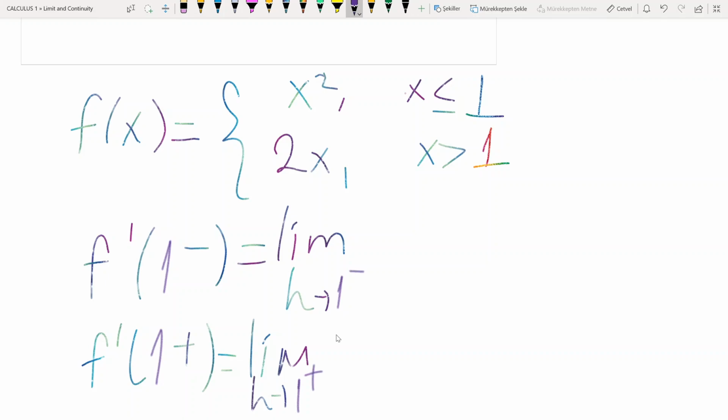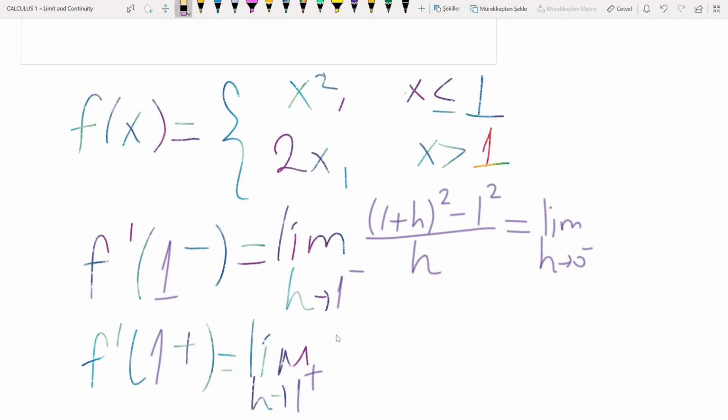So (1 plus h) squared minus 1 squared divided by h. Since it is the point 1, this is equal to the limit when h tends to 0 from the left.